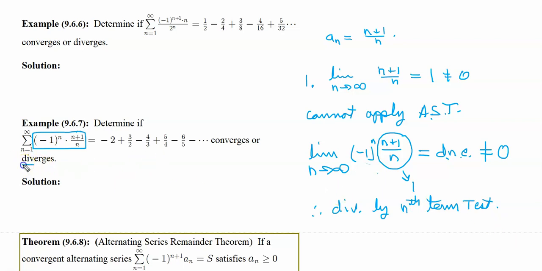So we see that this series diverges. So once again, we tried to apply the alternating series test. We saw that condition 1 was not met. So then we looked at it again and saw that, well, the limit of these terms is not 0. So therefore, by the nth term test, we actually have divergence.